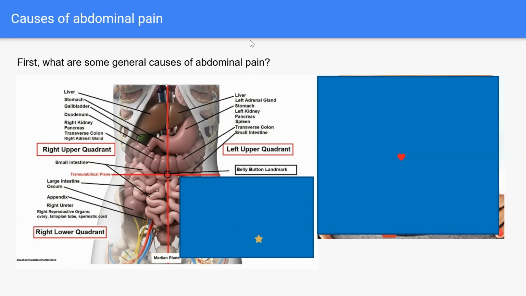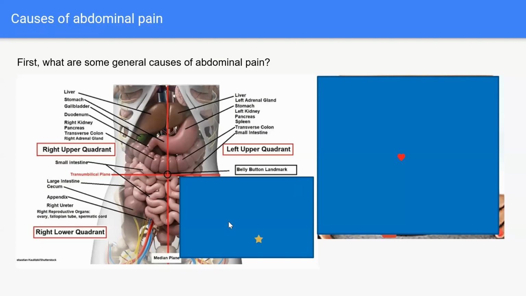What about liver or kidney disease? Pardon? Liver disease or kidney disease? Yeah, if we're thinking about, again, general causes and etiology of abdominal pain, certainly we can have things like hepatitis, kidney disease, you can have kidney stones, right? Things like that. So all things that we should put on our differential.